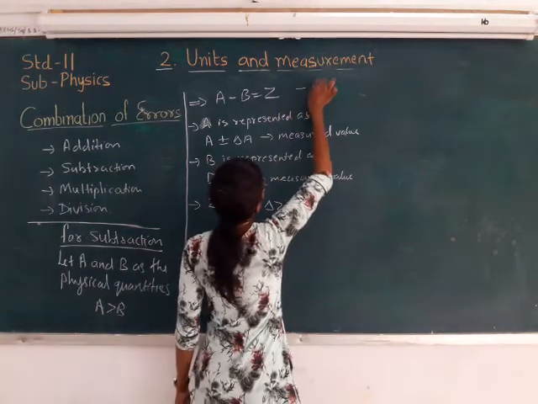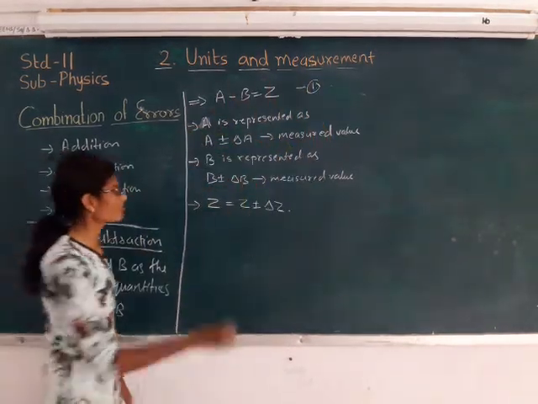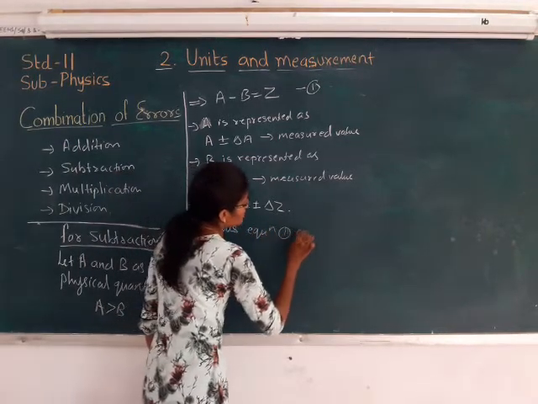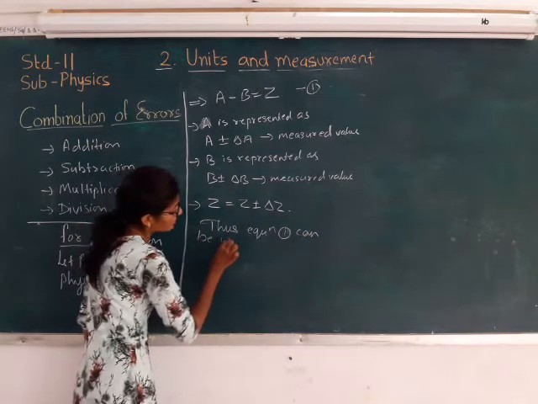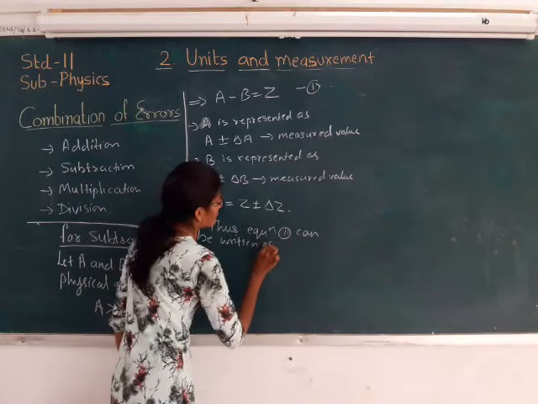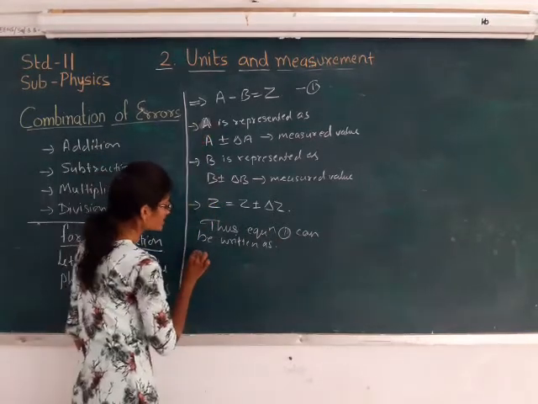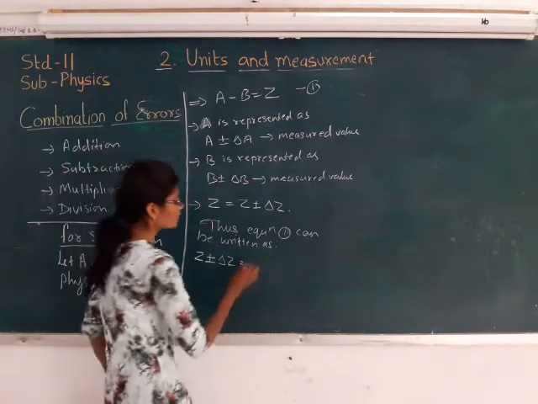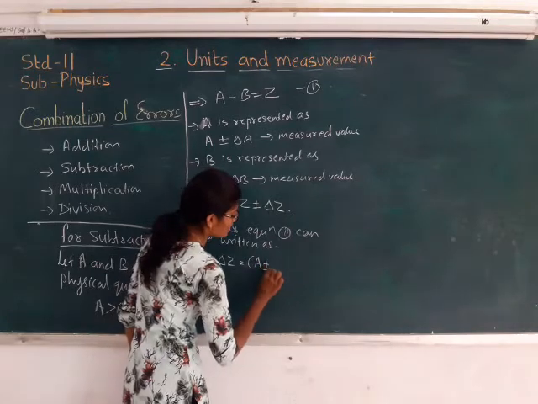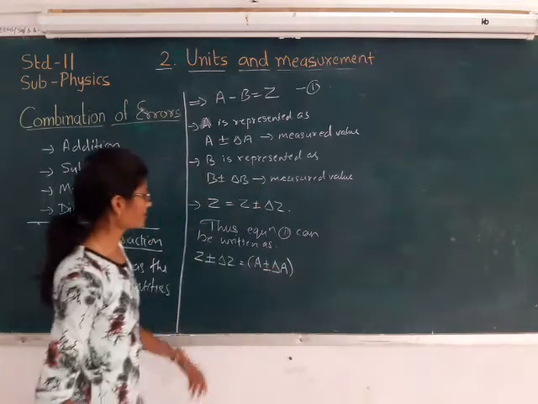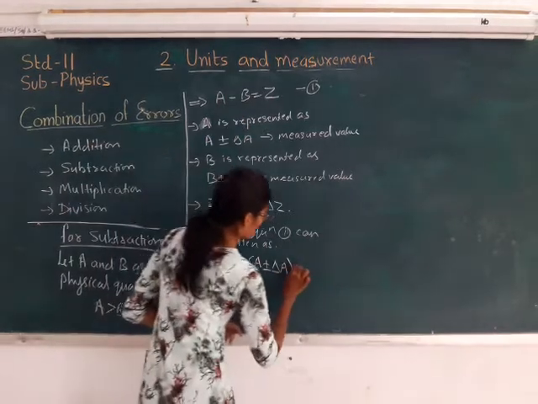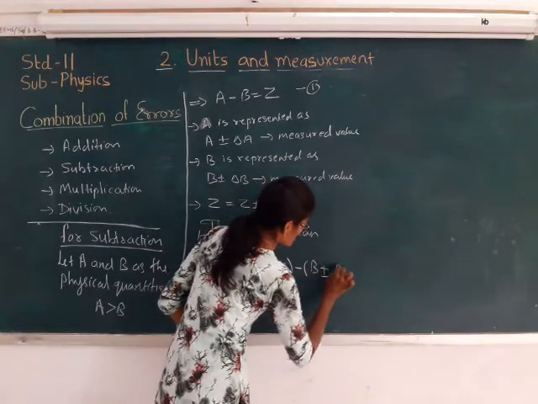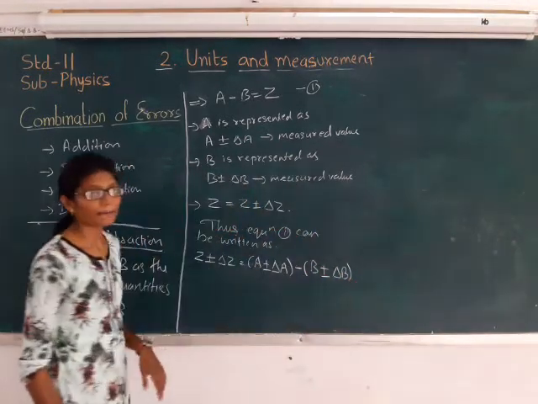So this equation can be represented as what? Thus equation 1 can be written as, see, Z that is represented as Z plus minus delta Z. Here I am having A, so A can be represented as A plus minus delta A, right? Then minus, so over here minus, B is represented as what? That is B plus minus delta B, right?